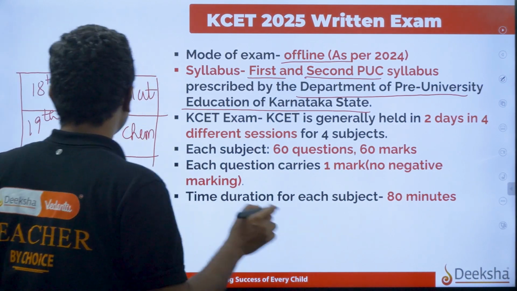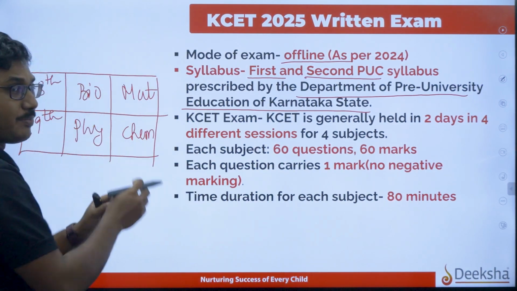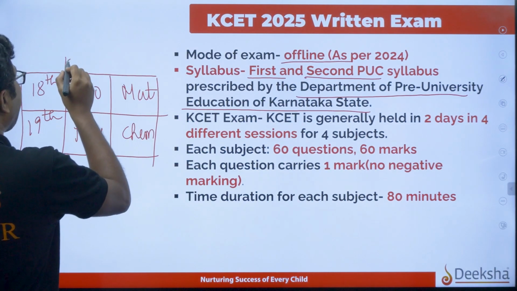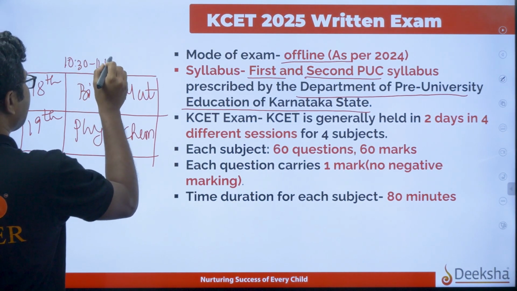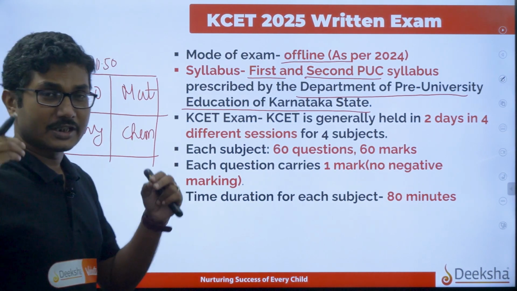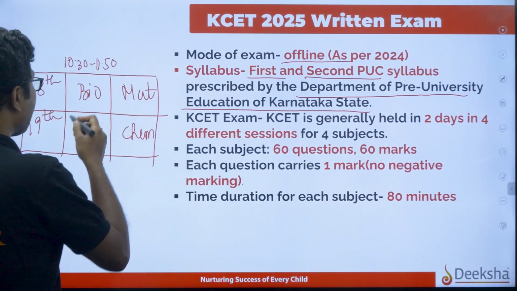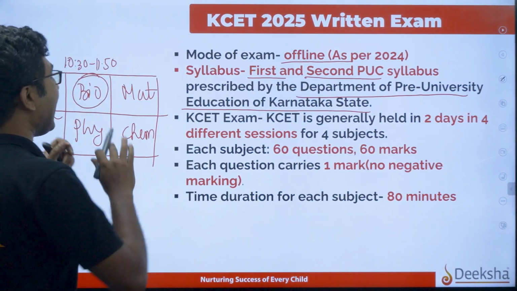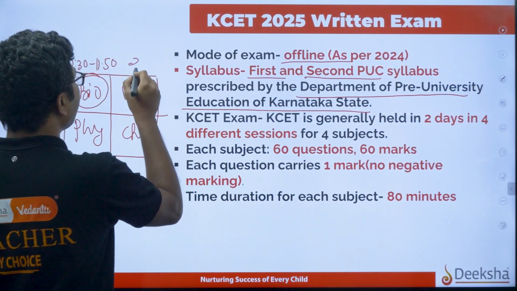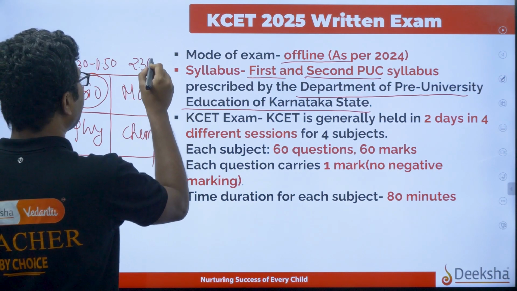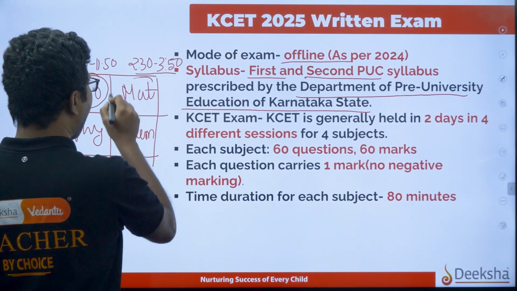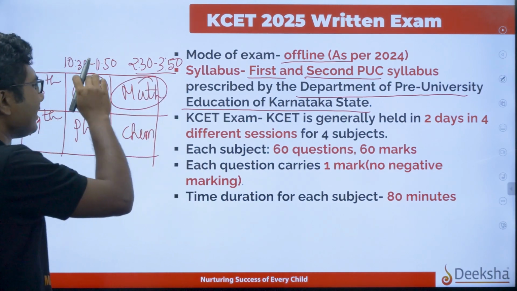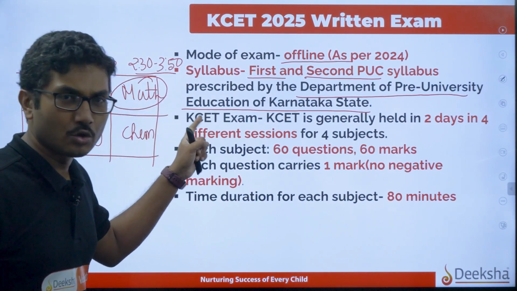Now, the first half, in the morning from 10:30 to 11:50, is called the first session. In the first session, biology was conducted, and from 2:30 to 3:50 math was conducted. That is day 1 session 1, day 1 session 2.